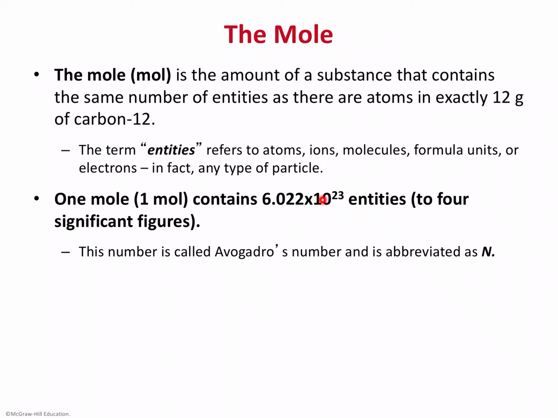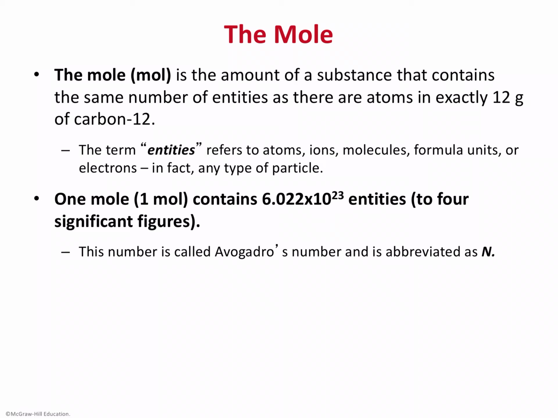6.022 times 10 to the 23 entities, up to 4 significant figures, and this number is called Avogadro's number and is abbreviated as capital N or big N. So just like a dozen is 12, 1 mole is this many entities.